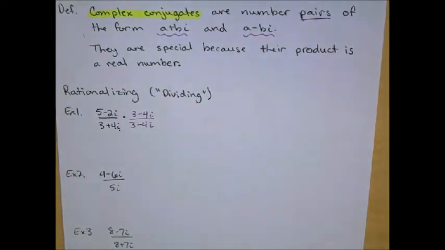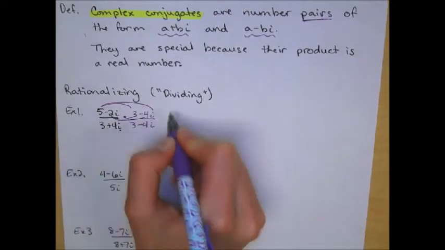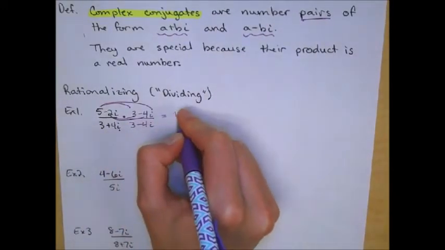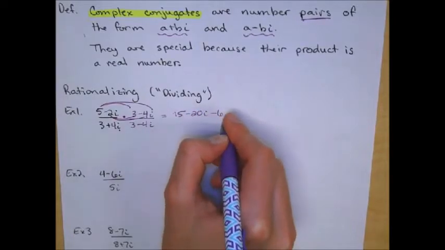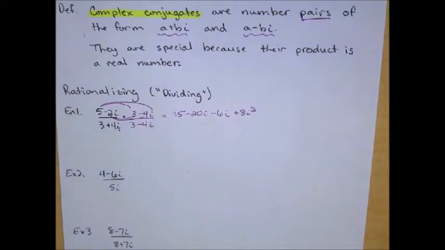And now we have to do our FOIL, or our rainbows, however you want to think about it. 15 minus 20i minus 6i plus 8i squared on the top.